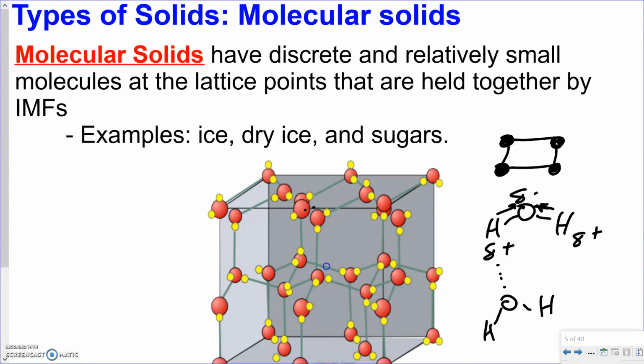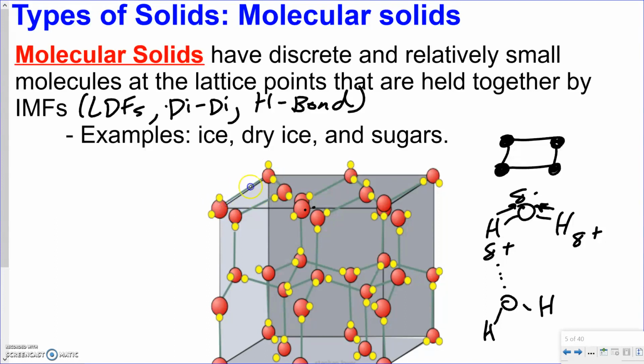So molecular solids, what holds them together? What is the force that holds our molecules together? Well, it's IMFs, and these could be any of the IMFs: LDFs, dipole-dipole, or hydrogen bonds. What that means is it depends on the molecule being bonded, or attracted to each other.